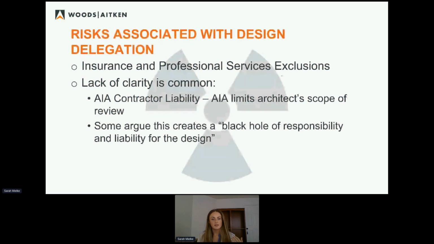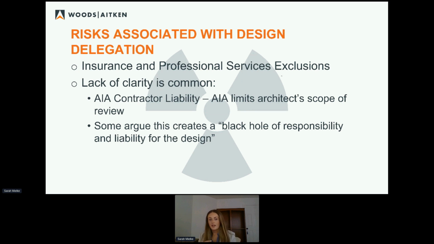Again, I talked about this a little bit, but lack of clarity is very common. And the whole idea that the standard form contracts that many people operate off of are AIA, right? They're architect favoring in some instances, and I guess that could be said for all contracts. But the reality is that the AIA does limit an architect's scope of review.